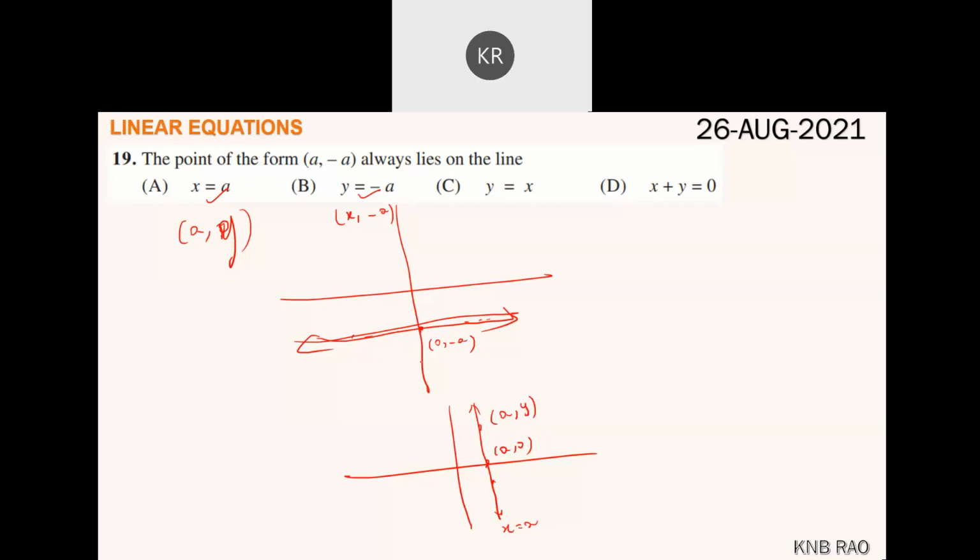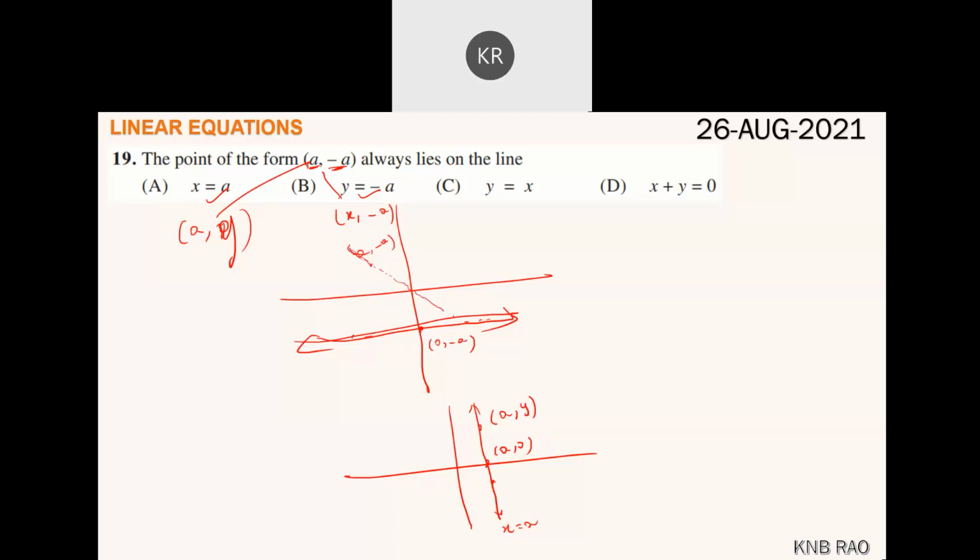So in this case it's a fixed number, and in this case also it's a fixed number. So a comma minus a lies somewhere in the second quadrant. If a line is passing through a comma minus a, definitely it will not be parallel to the y-axis or the x-axis, because it will be like this.